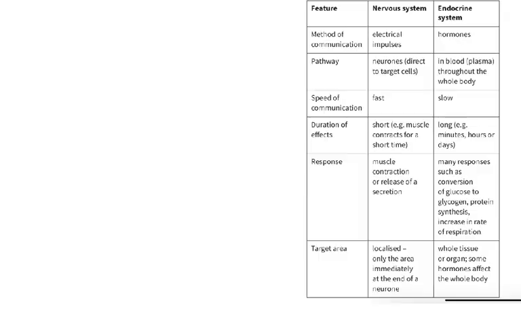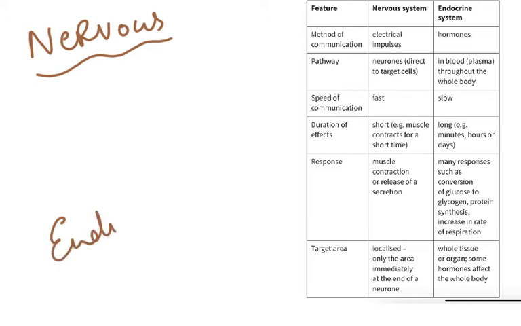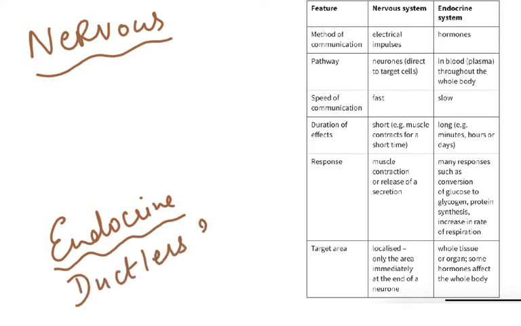First thing that you need to understand is the comparison that we do between nervous coordination and the endocrine system. Now, if you look at a previous video in the homeostasis, endocrine are the ductless glands, and these glands are the ones which produce hormones, and these hormones are carried in the blood.